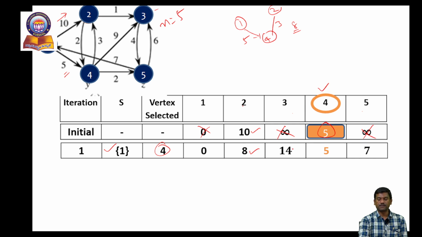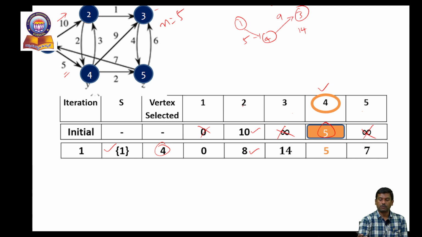In the similar fashion, from 1 through 4, can we reach 3? Yes, we can reach 3. From 1 through 4, we can reach 3. And what is the cost? That is 4 to 3 with the cost equal to 9. So what is the entire cost? That is 5 plus 9, that will be equal to 14.